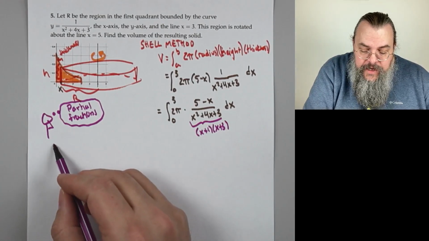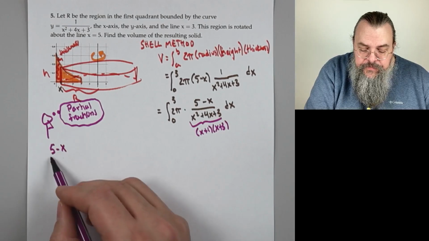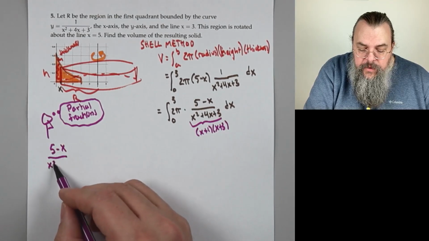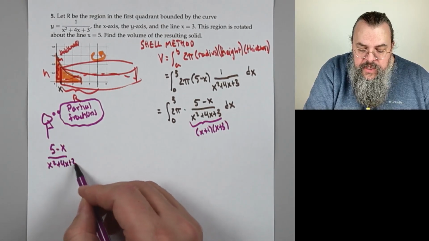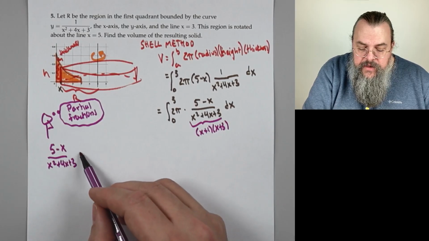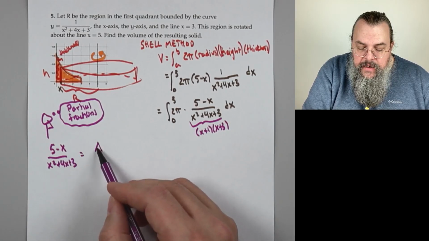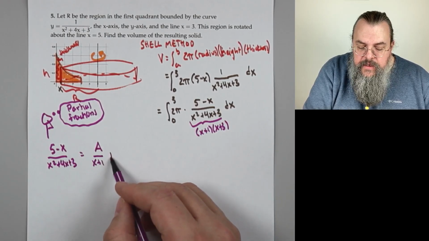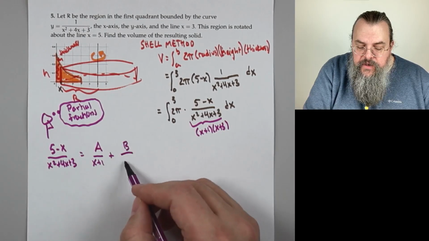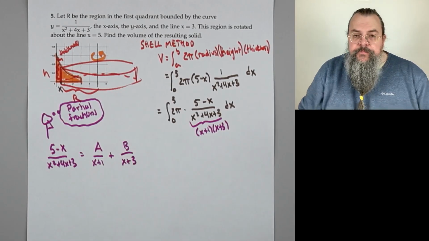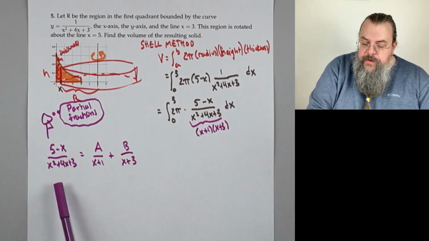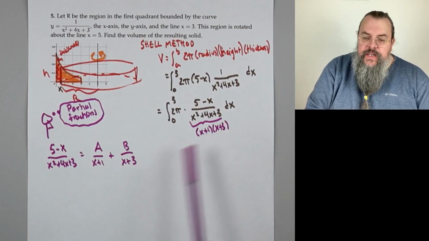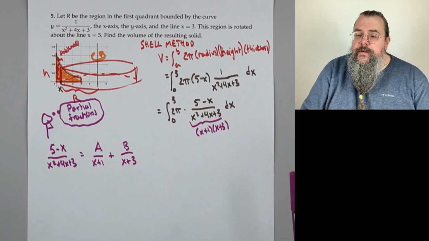We're going to take 5 minus x over x squared plus 4x plus 3, and we're going to write this as A over x plus 1 and B over x plus 3, because x squared plus 4x plus 3 factors as x plus 1, x plus 3, and we have our form.